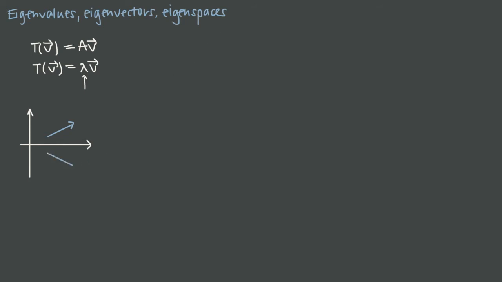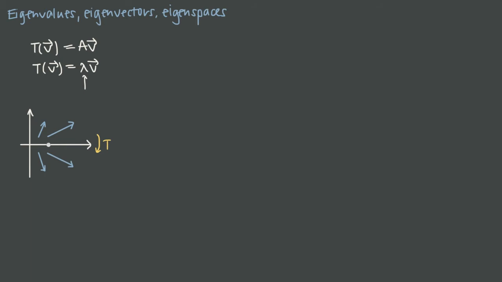I'm trying to draw a perfect mirror image of this vector over the x-axis. So this is what happens to the vector under the transformation T. And every vector that we have in 2D space, let's say we have this vector here, it's going to get flipped over the x-axis and become this vector after the transformation. So the transformation is doing that to every vector.